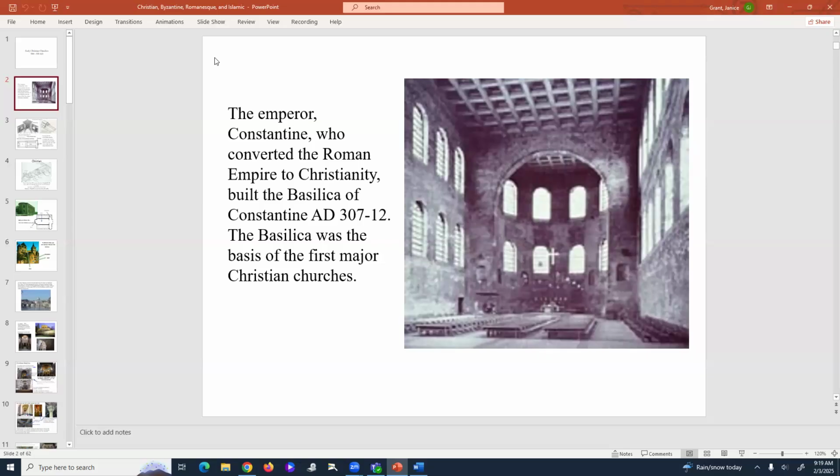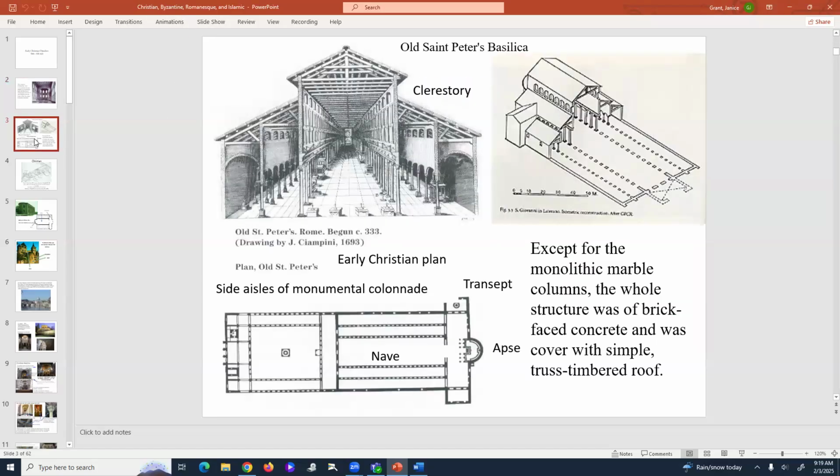So you'll see the changes as we go through the Romanesque and the Gothic and the cathedrals, starting with this layout here, the plan being like a cross in a way. You've got that long nave, and at the top you have the clerestory.